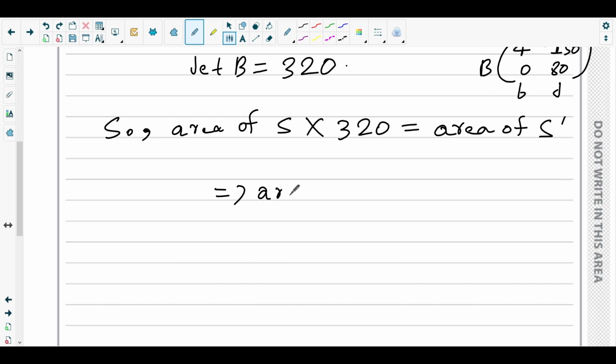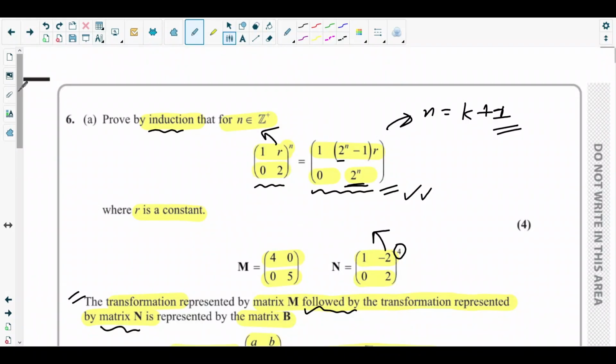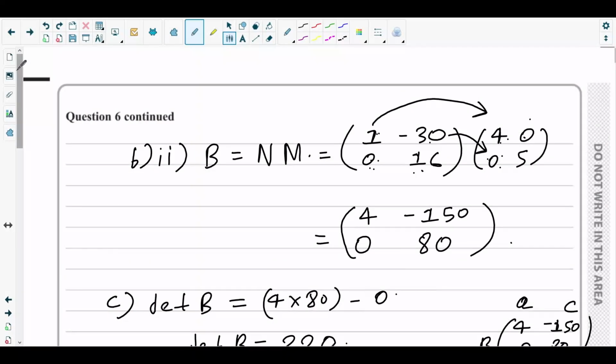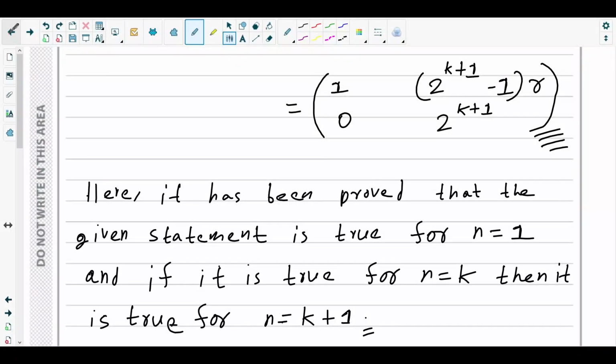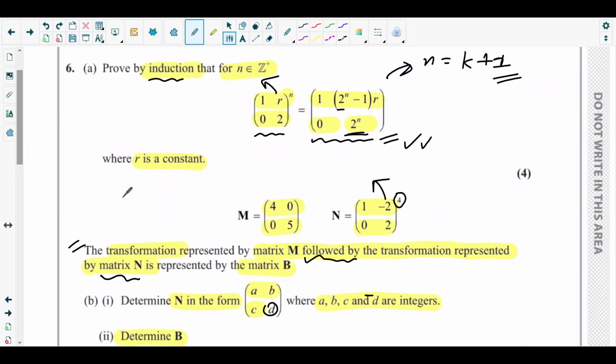We need the area of S. So area of S equals 720 over 320, in unit squared. That would give you 2.25 unit squared. That's the area of the hexagon S, and that's the answer for part C from question number 6. Fine.